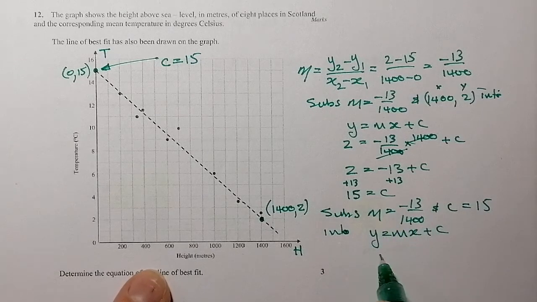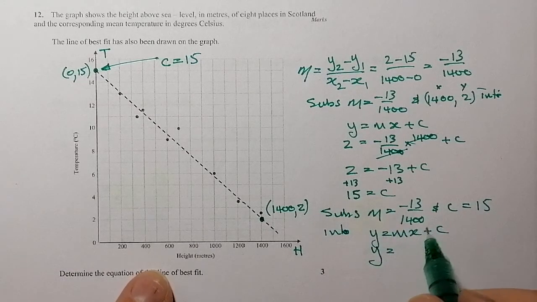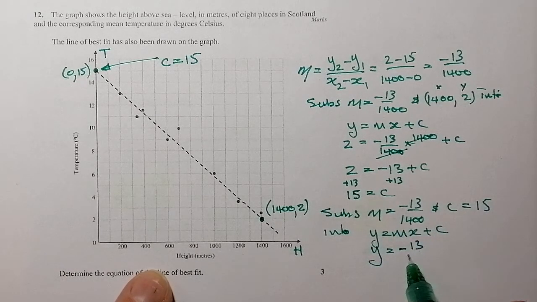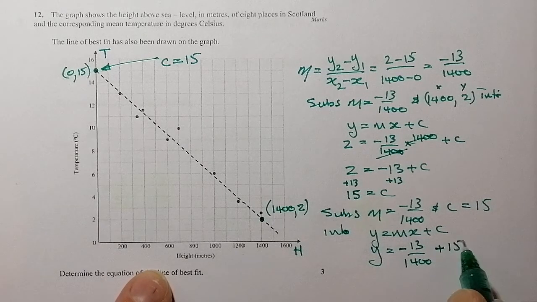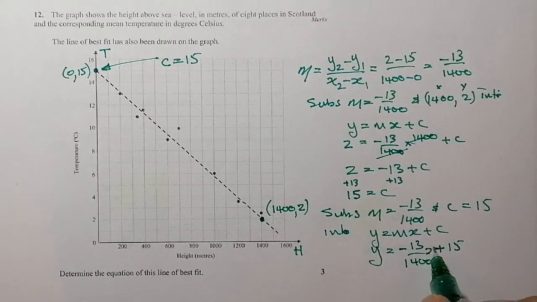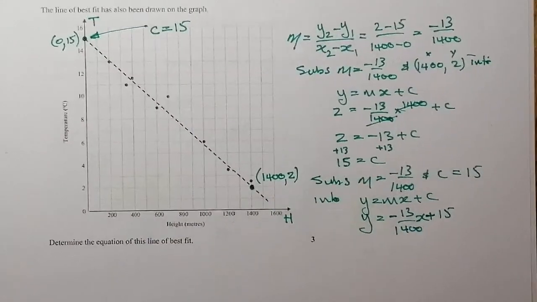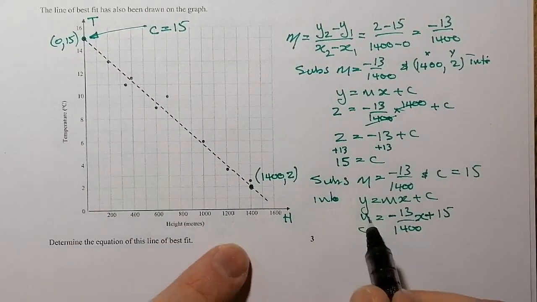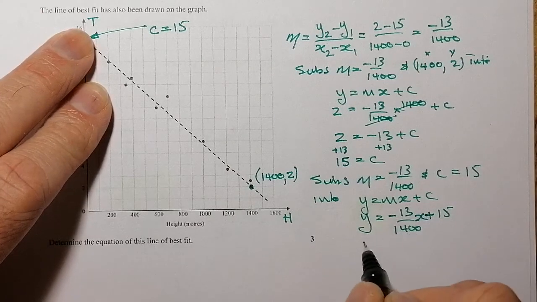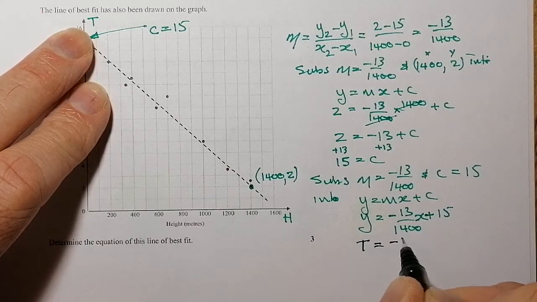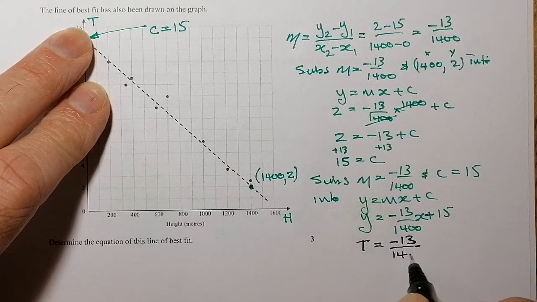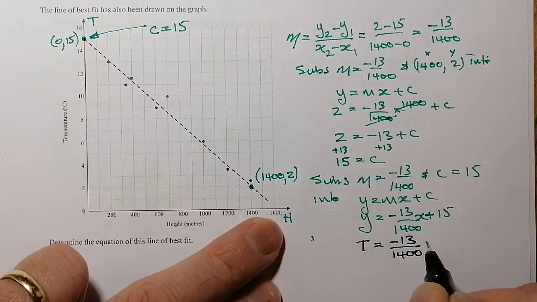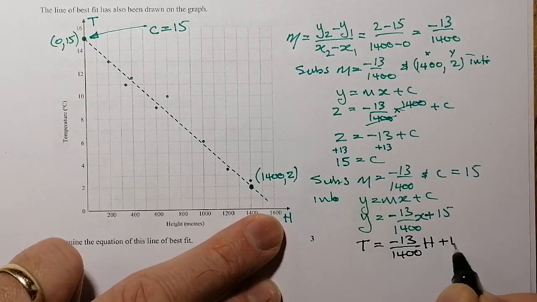So y is equal to negative 13 over 1400 x plus 15. That would be my equation if it was in x and y, but it's not. So my final answer is going to be, instead of y, a t. So t is equal to negative 13 over 1400, and instead of x, I'm going to put h, plus 15.